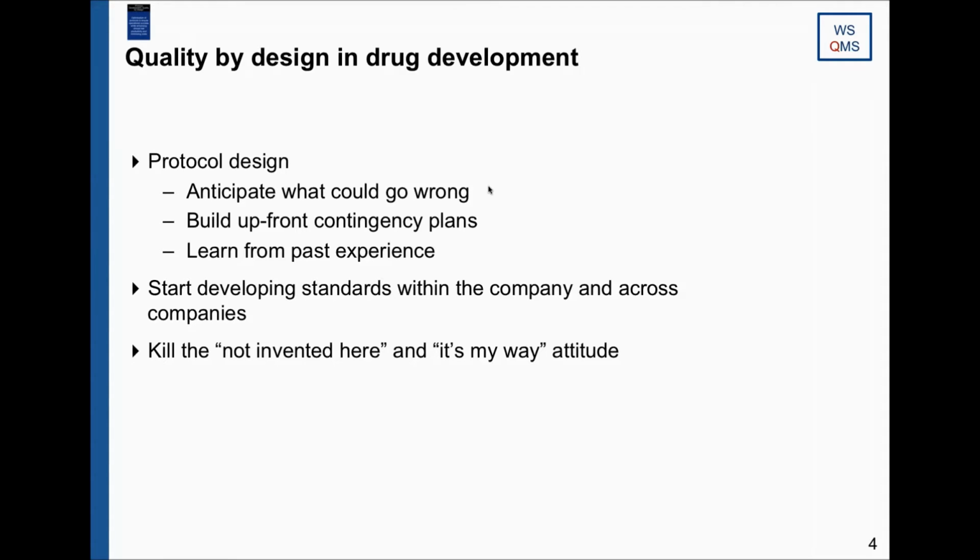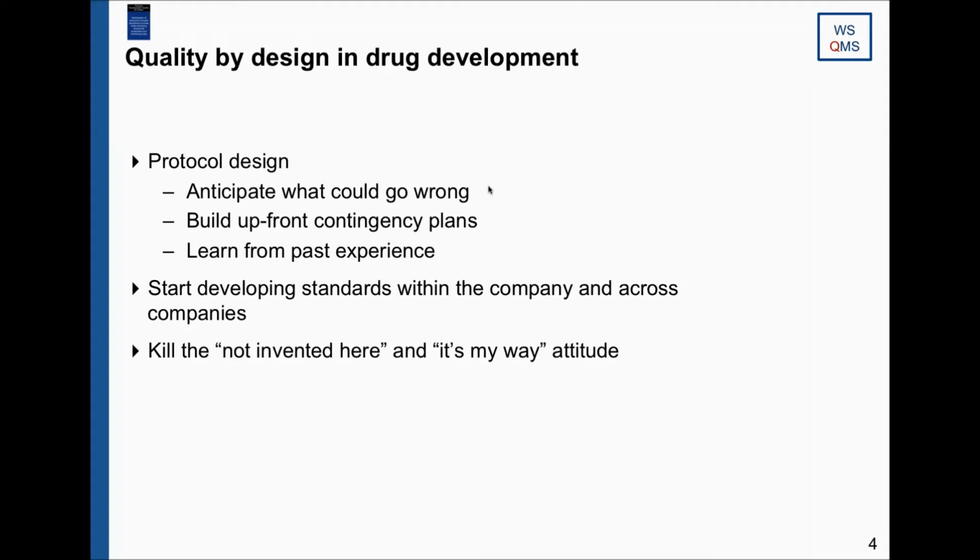And of course, learning from past experience is very important. So very experienced people who have worked in the clinical environment for quite a long time are a very valuable asset to this assessment in the protocol design.